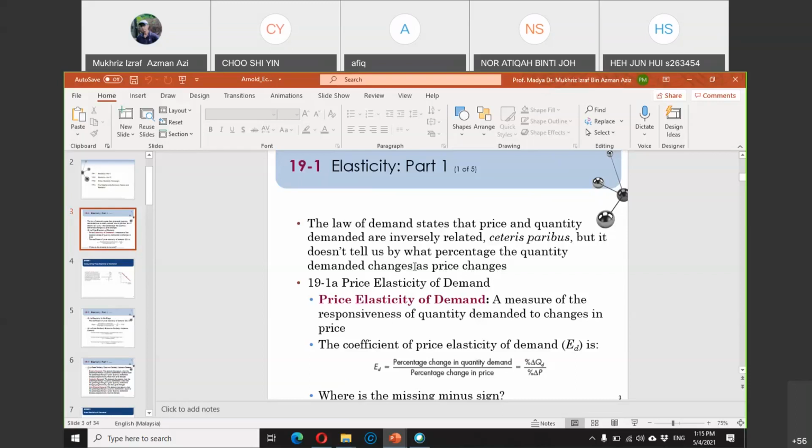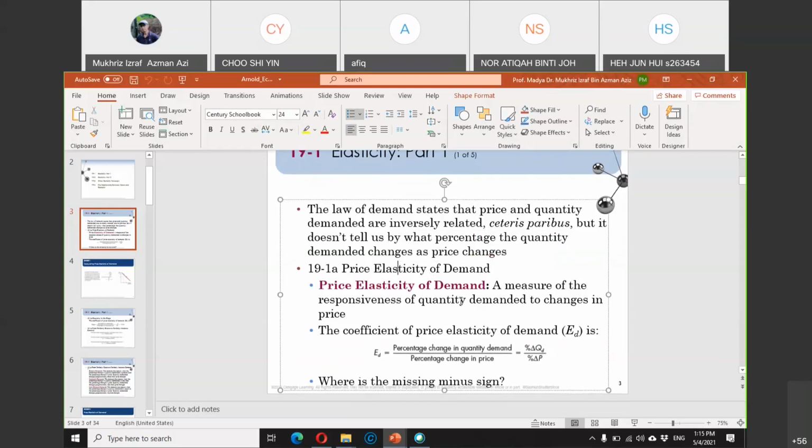So this week, when we cover elasticity, the word elasticity is the main focus point. What is elasticity? Of course you can refer to the formula here, but in layman's terms, in the simplest language possible, elasticity basically measures the sensitiveness of the market demand when the price changes.